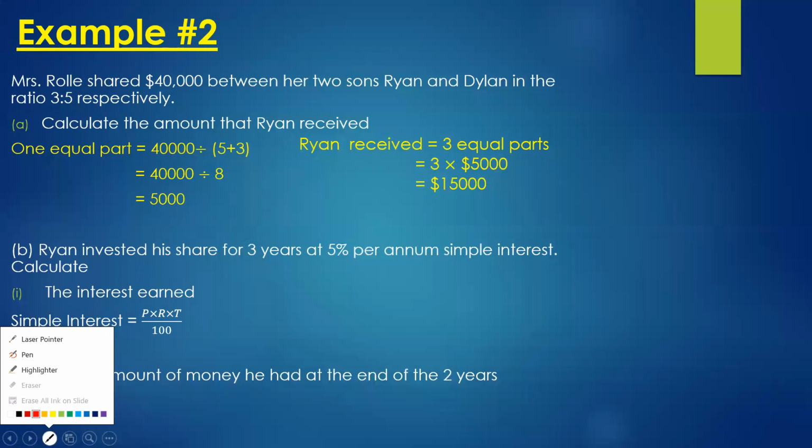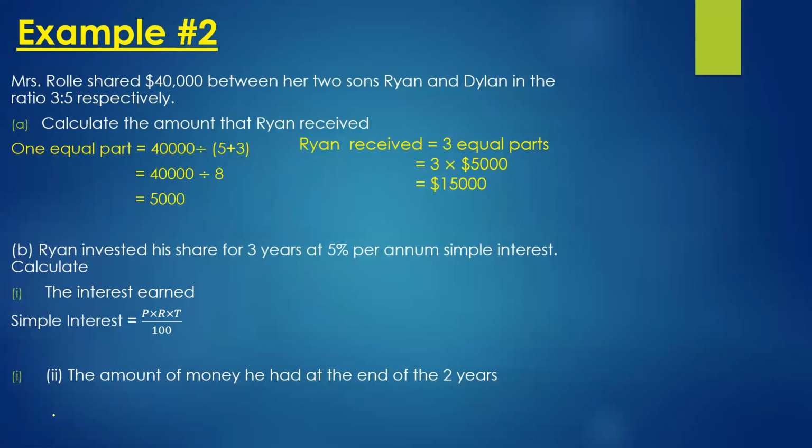All right, so principal times rate times time. So it's going to be equal to, the principal is what? 15,000. That's what he got. Principal is 15,000. Multiplied by the rate. The rate is what?